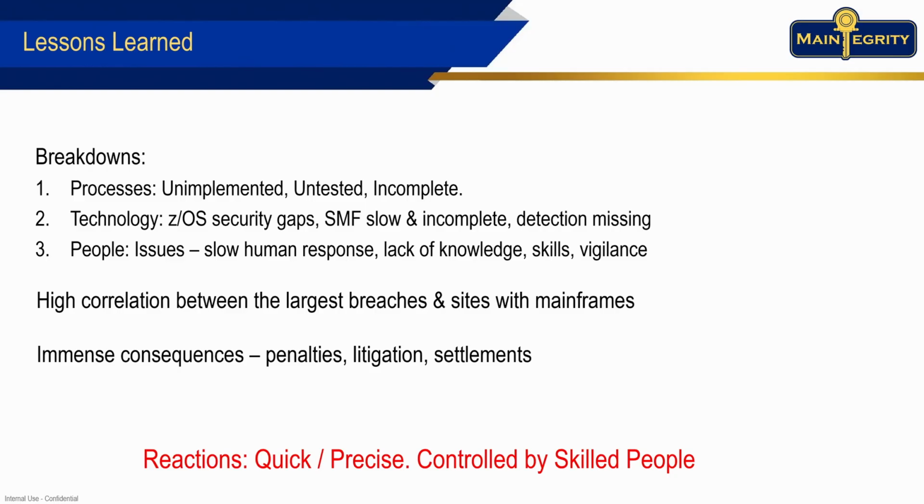Another piece is technology. z/OS has security gaps that have been there since it was built in its origins 50 years ago. SMF is slow, has to be offloaded. Oftentimes it waits for usage information to build up. Records may be 30 minutes late getting created in the first place.